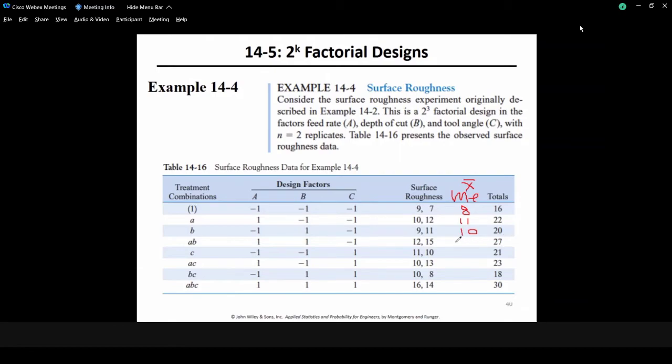Calculate the mean for each row, guys. 13.5, 10.5, 21, 11.5.